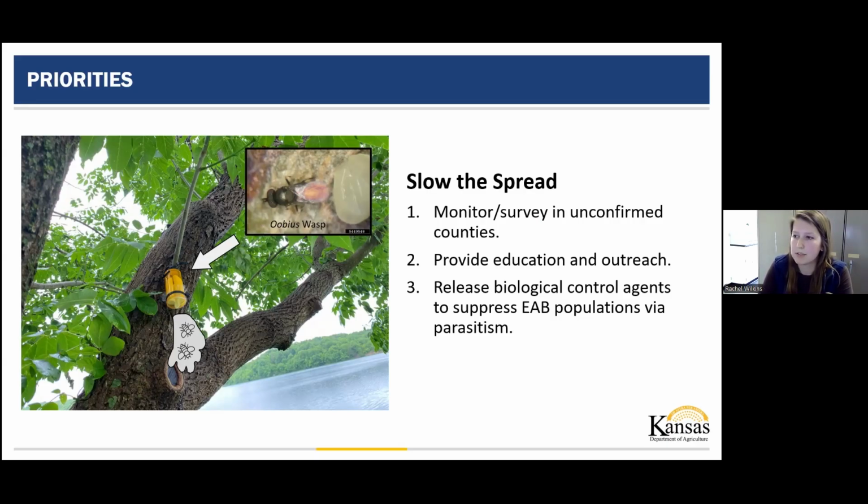And then finally, we are releasing biological control agents to try to help suppress EAB populations in positive counties. So these agents are what we call parasitoids. They specifically only parasitize emerald ash borer. And so we are releasing these in hopes that they can get established and help slow the spread, help reduce the overall population of emerald ash borer.